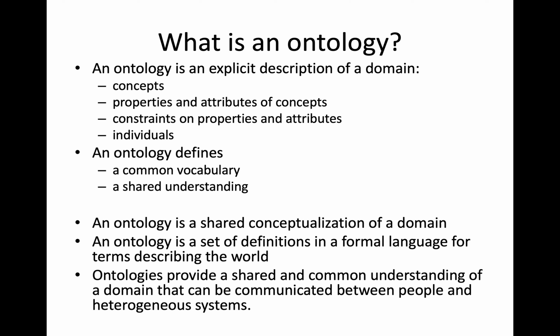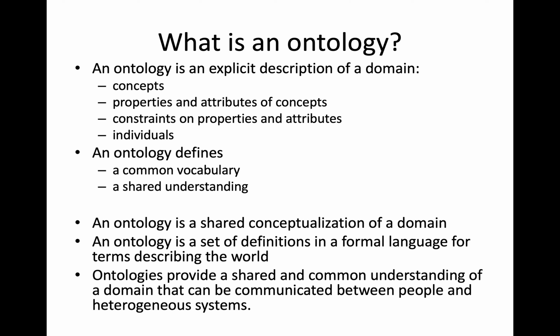An ontology is the explicit description of a domain. To be explicit, we need to have concepts. We have to know the properties and attributes, the constraints on properties and attributes, and individuals, which are examples or instances of those concepts.